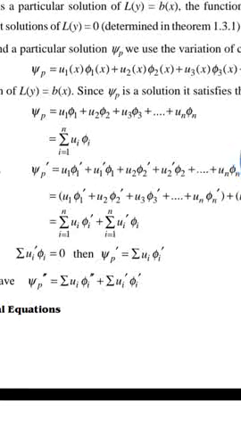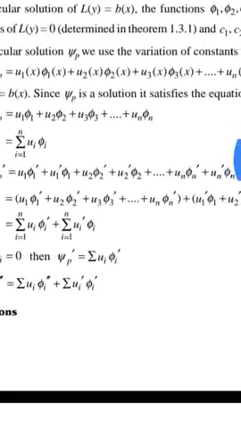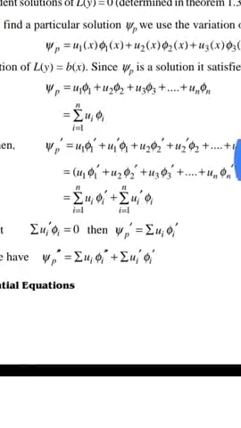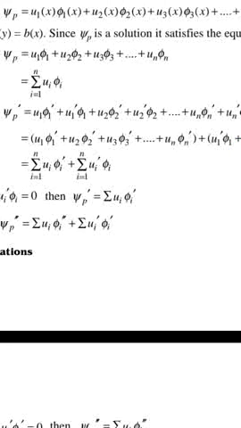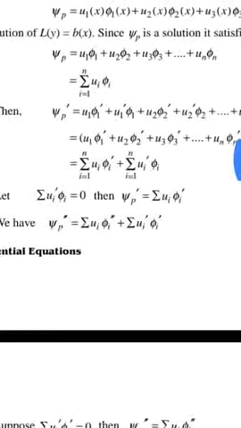Psi p dash = u1 phi 1 dash + u1 dash phi 1 + u2 phi 2 dash + u2 dash phi 2 + ... + un phi n dash + un dash phi n = u1 phi 1 dash + u2 phi 2 dash + u3 phi 3 dash + ... + un phi n dash + u1 dash phi 1 + u2 dash phi 2 + ... + un dash phi n = summation of ui phi i dash, i = 1 to n, plus summation of ui dash phi i, i = 1 to n.